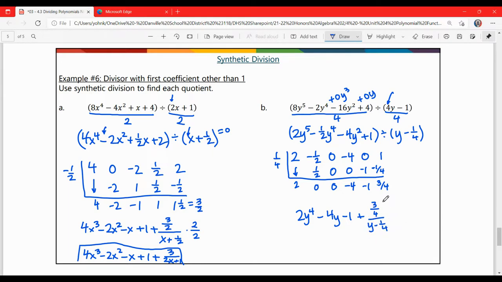Notice that my remainder has fractions. They're both 4s. So I'm going to multiply the whole thing by 4 over 4. That's going to give me 2y to the fourth minus 4y minus 1 plus 3 over 4y minus 1, which is what we want.